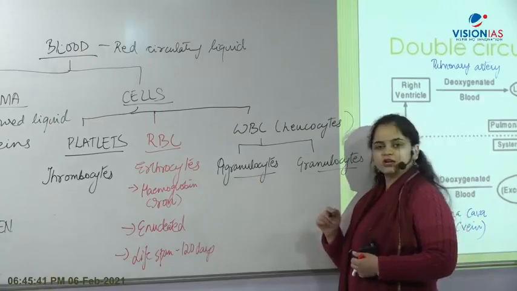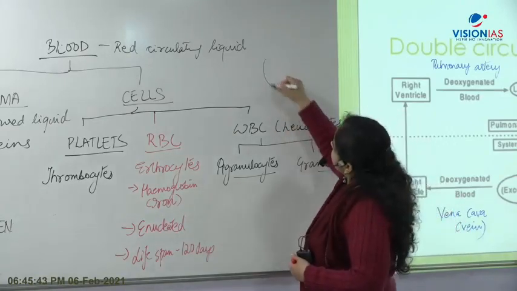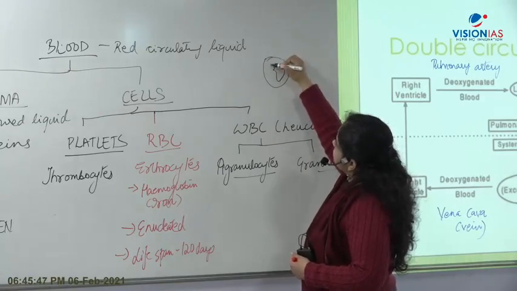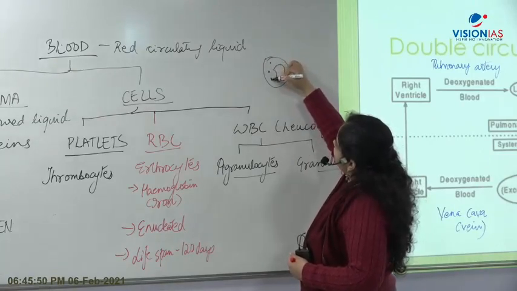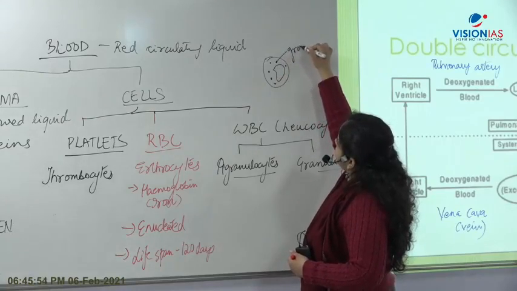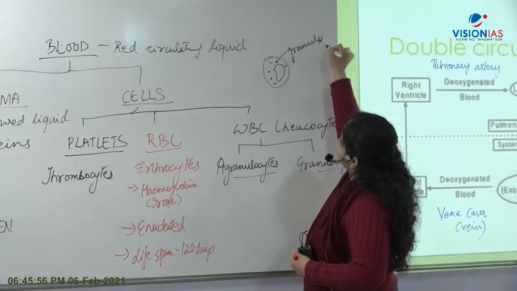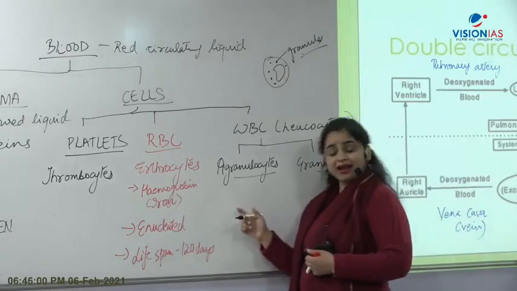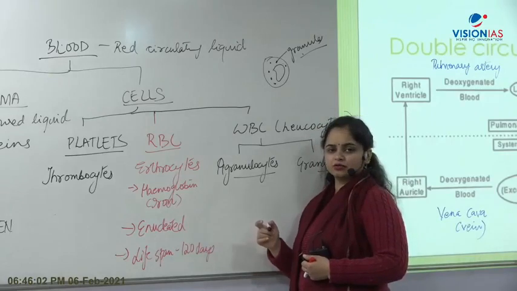Now what is the meaning of this? Some of these white blood cells, like this was the nucleus, some of these have granules. So if they have granules, they are called granulocytes. If they do not have granules, they are called agranulocytes.